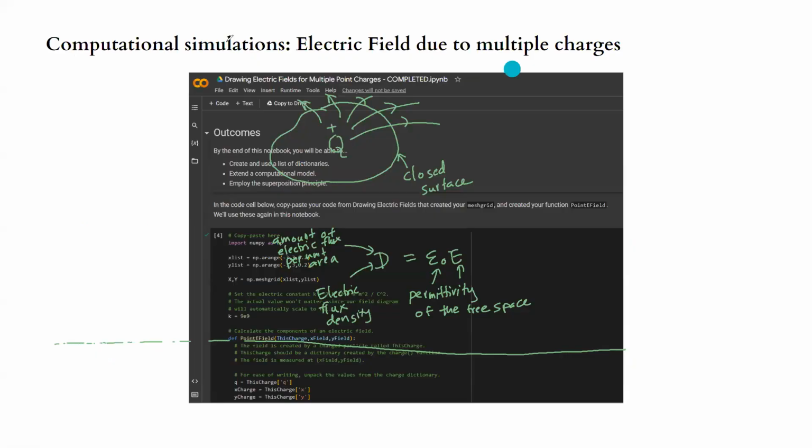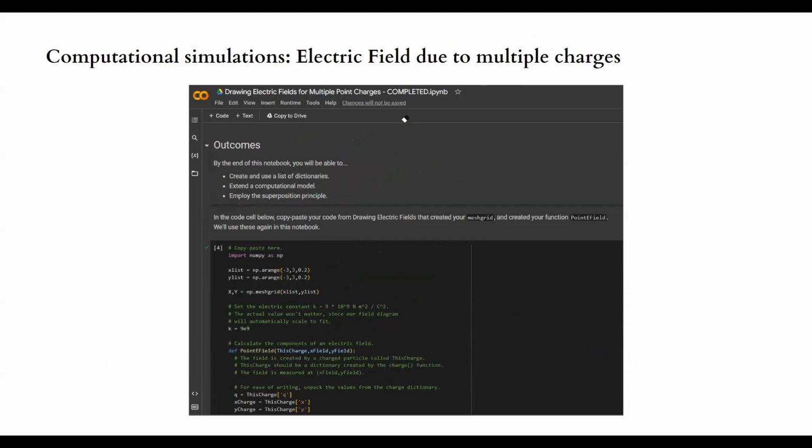Next we have this simulation that we can look into, to understand a little more about the electric field that is generated in a space.